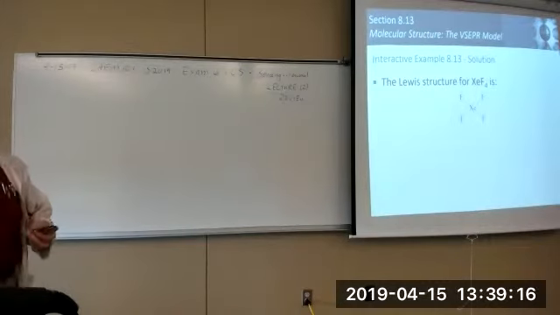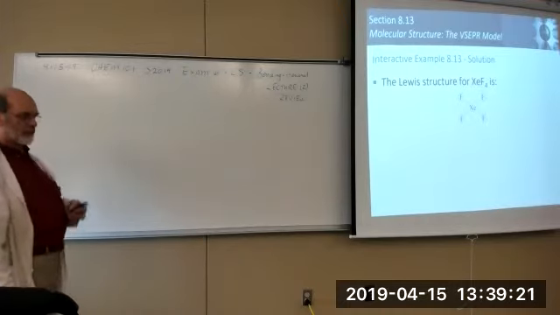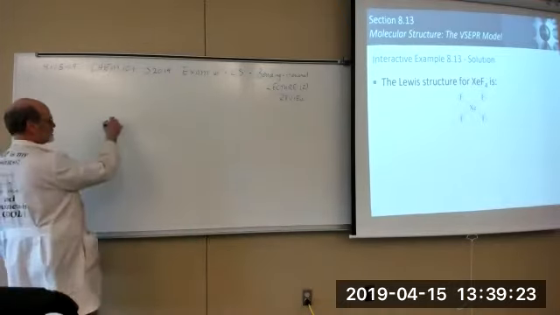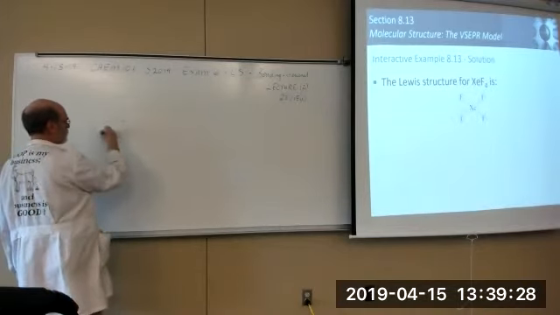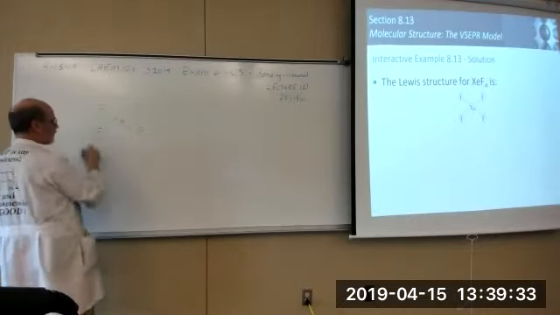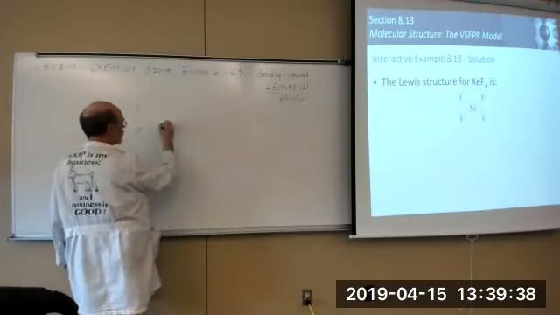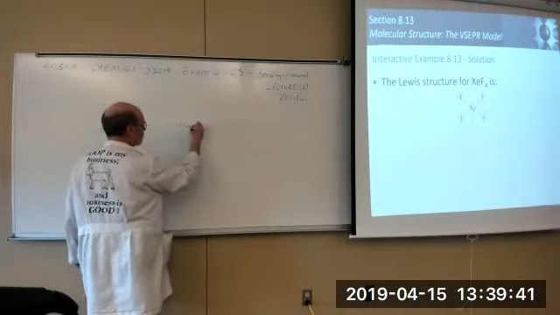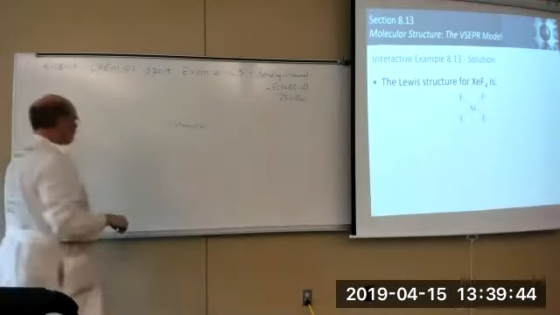So xenon exceeds its octet by 2 pair. So what kind of electronic structure will that have? Well, count the groups. 1, 2, 3, 4, 5, 6. So electronic is octahedral, right? What we have to do is decide what's the molecular structure, that is, cover up these.